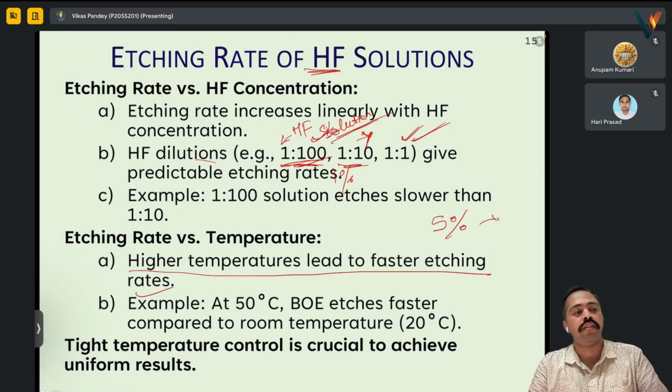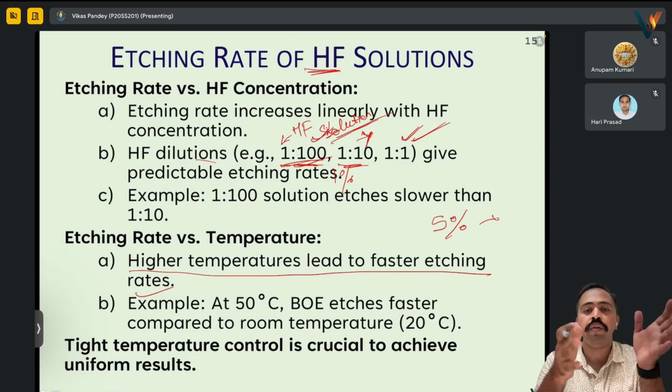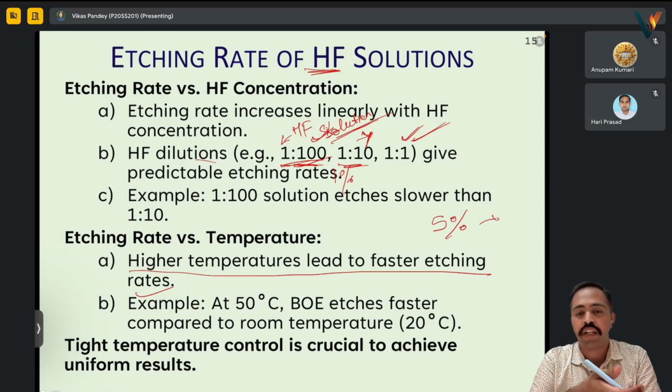He heated the solution to, I think, 80 degrees. And within 4 to 5 seconds, the whole feature, whatever we wanted to keep, also got etched out.